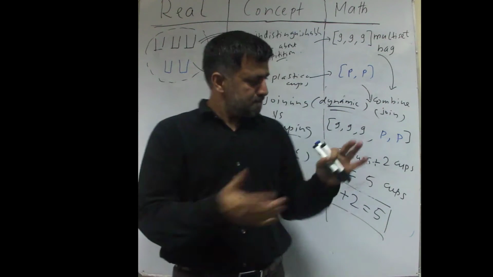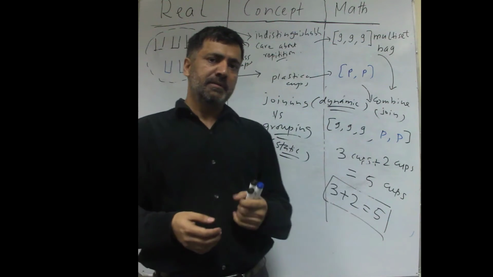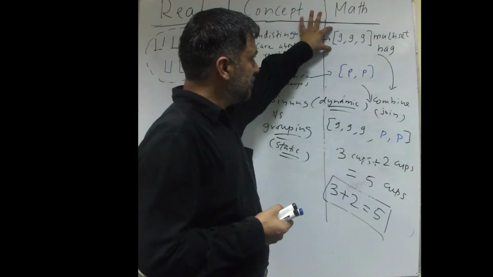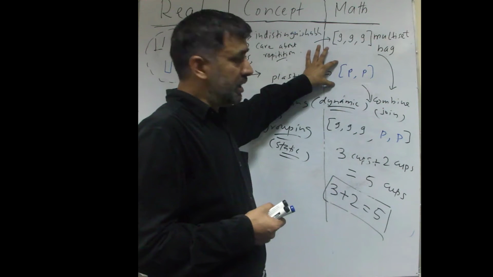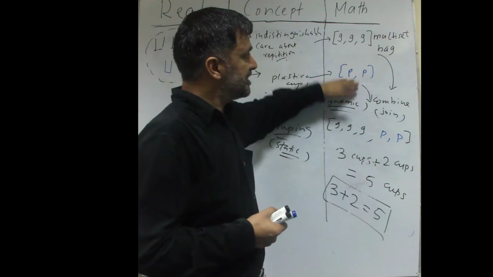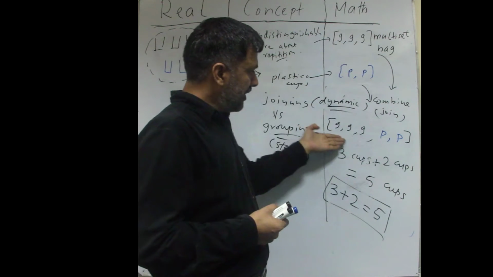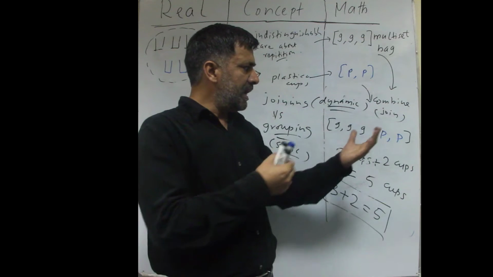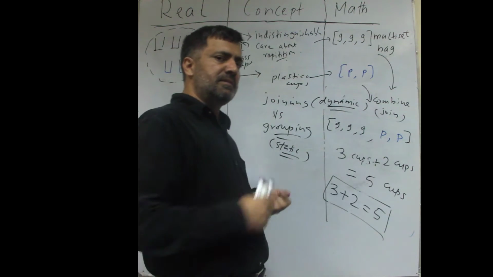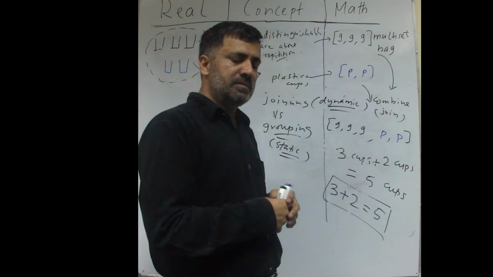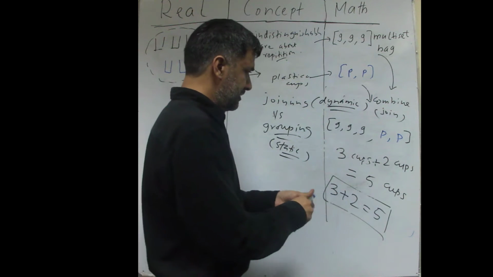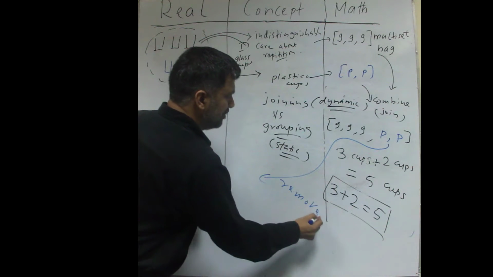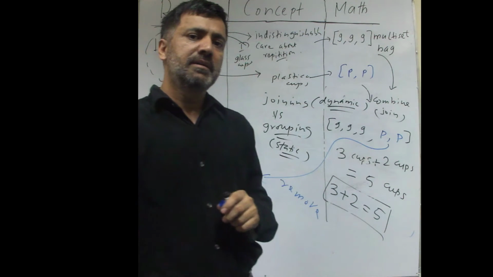So now I can try to undo what I have done. From the joining interpretation, if I started with these two objects joining those three objects, now I have a new collection of 5 objects. And now what if I remove these two? Remove is the opposite of join.